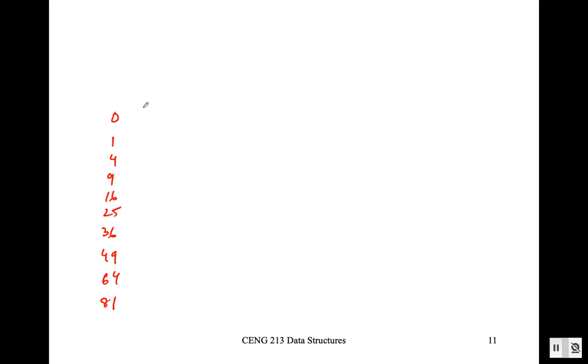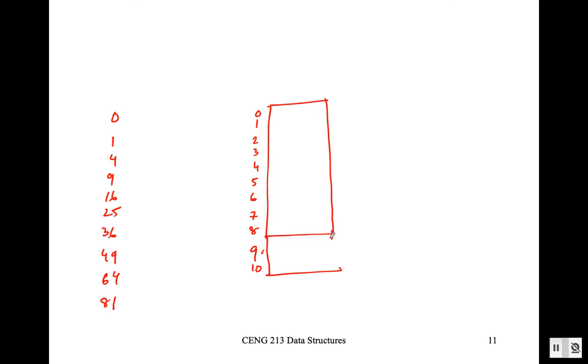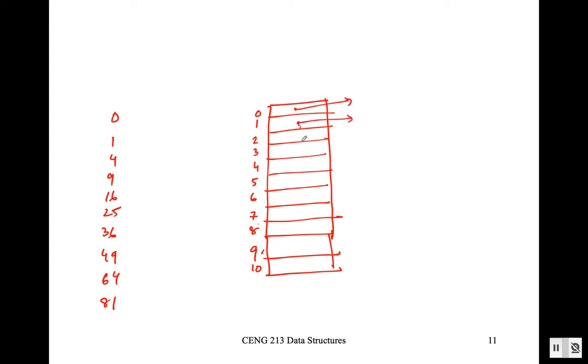We have the hash table, and the size is 10. Each of the array elements will be a pointer. If an element doesn't have any value, its pointer is going to point to a null value.